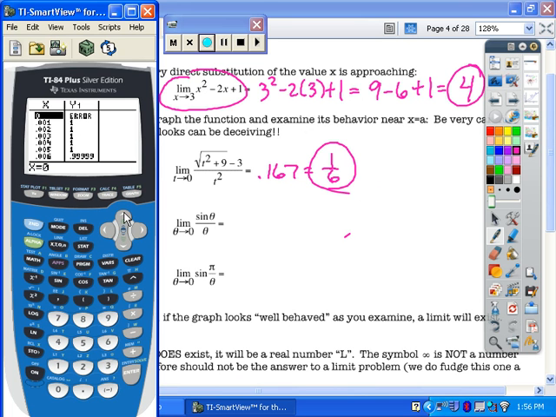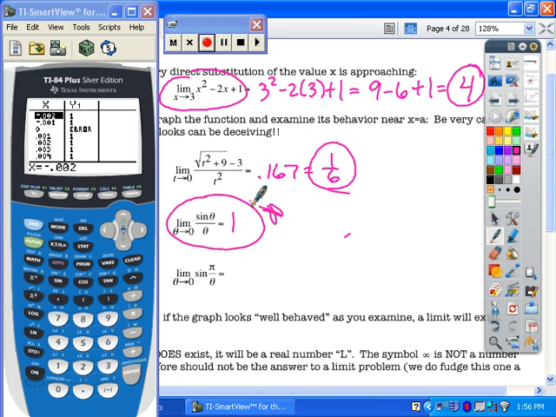And just look at your table from the left and from the right. There's an error at 0, but that doesn't mean anything. Does it approach the same value from both sides? And what's that value? 1. This is actually a property that we will want to have memorized. It comes up periodically in limits in calculus in general.